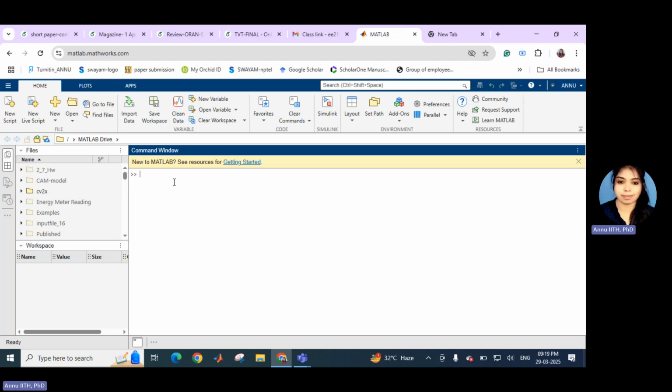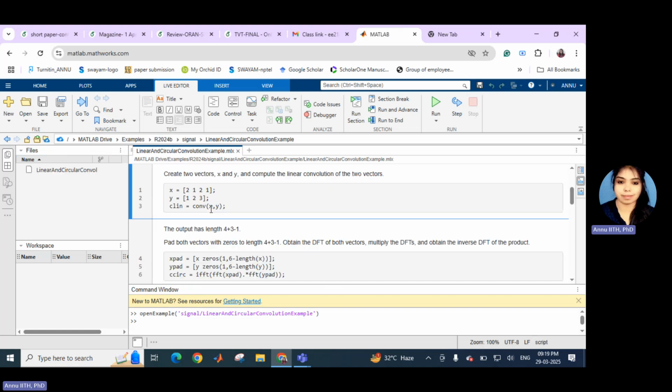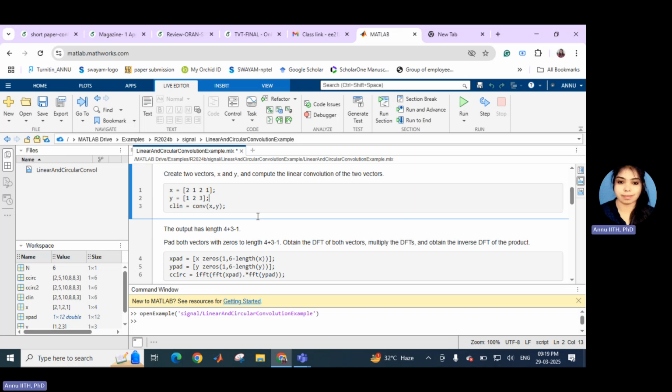I'm writing the command here, directly in the command window. This example shows, suppose I want to run this. So I am running this here. And this is what it is giving.